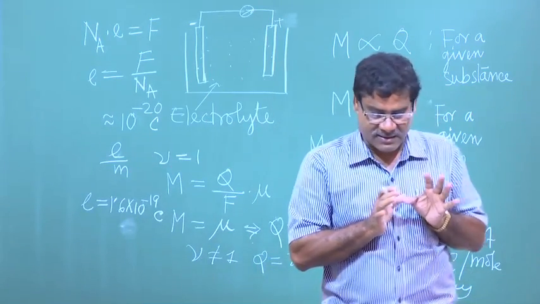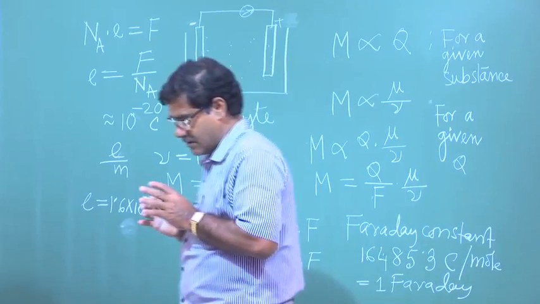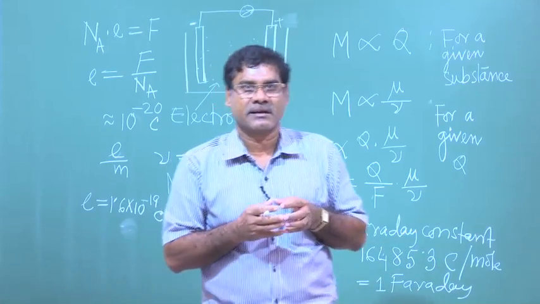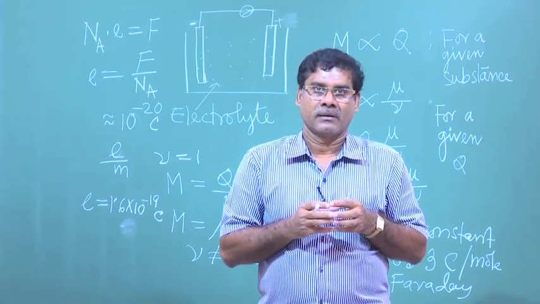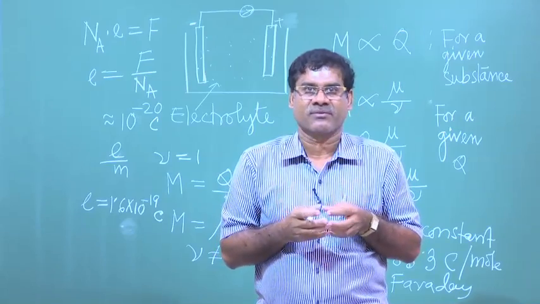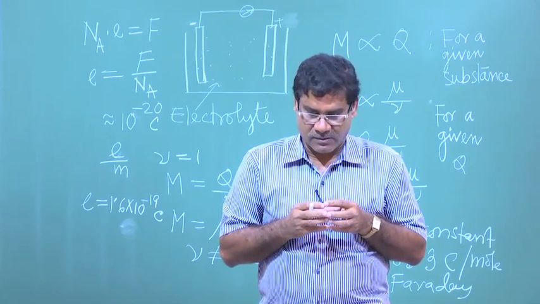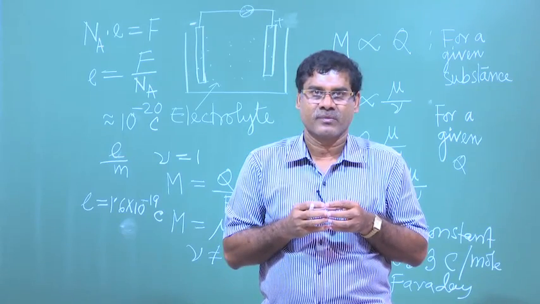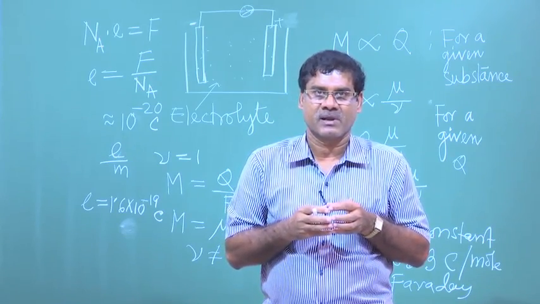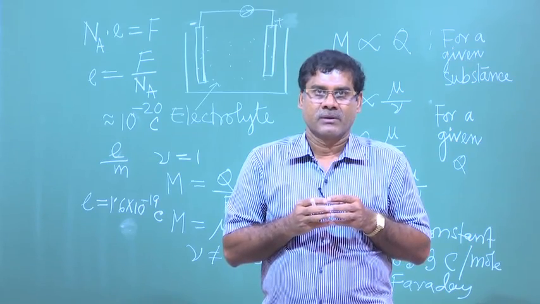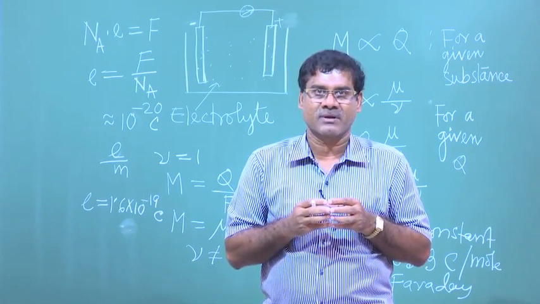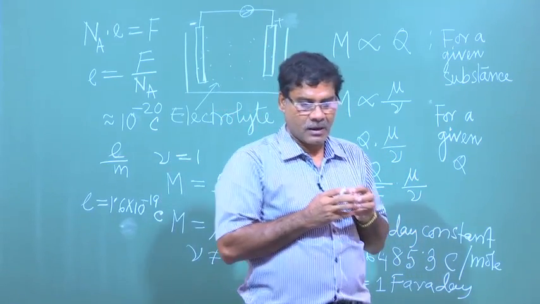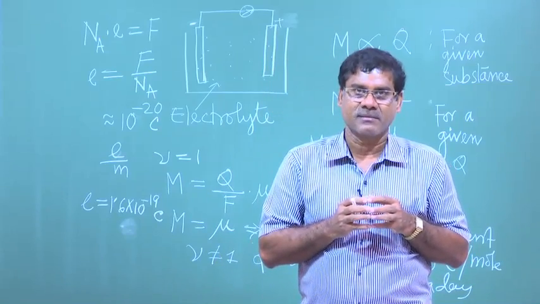So, far whatever I have discussed, one constituent of the atom is the electron, and what is the smallest unit of the charge, of the electricity that the electron contains, was experimentally measured by J. Thomson and Millikan.